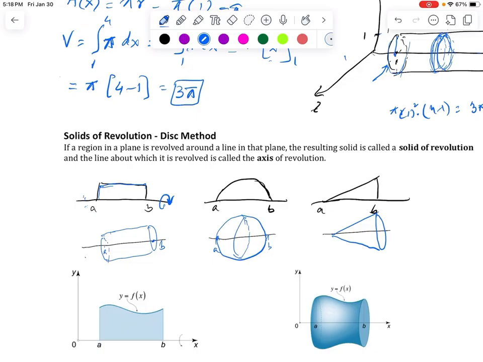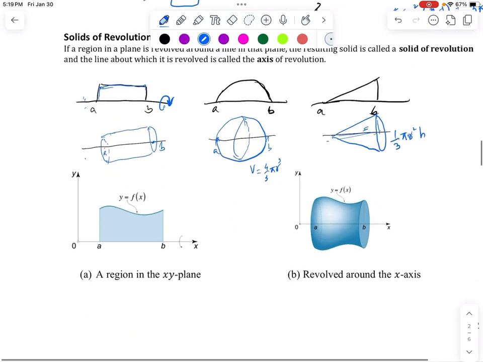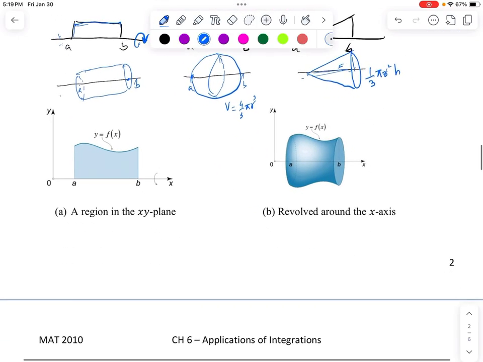The volume of the sphere is 4/3 pi r cubed. And for the cone, I believe it is 1/3 pi r squared h. What is h? h is the height of the cone, and r will be the radius of the base. Anyhow, we are good with those types of shapes.